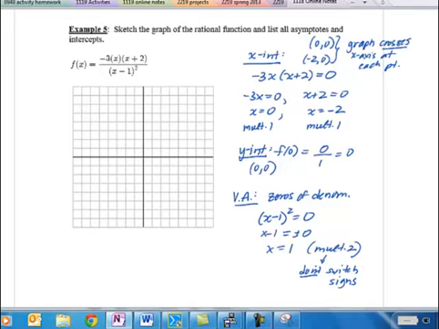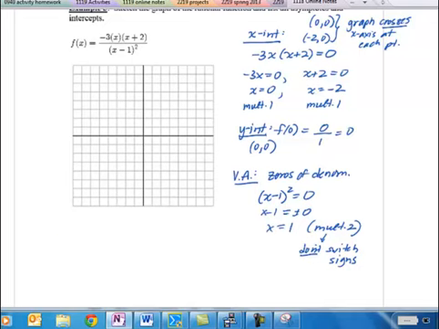Then, last thing, our horizontal asymptote. We want to compare the degrees of the numerator and the denominator. Both are degree 2. So the degrees are the same.